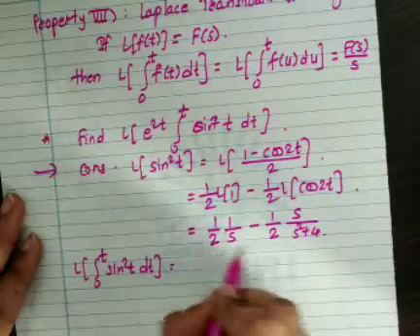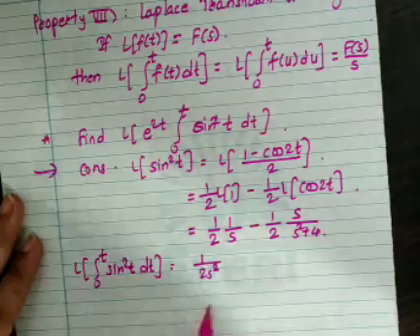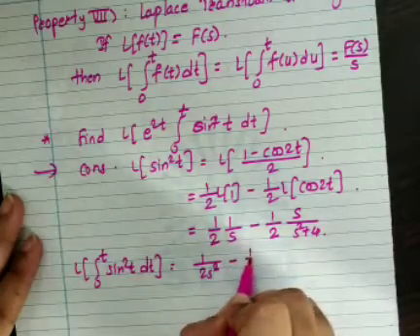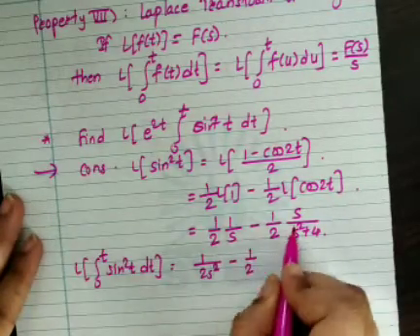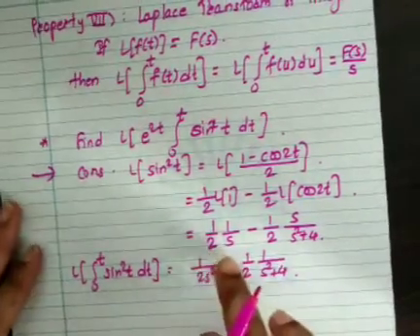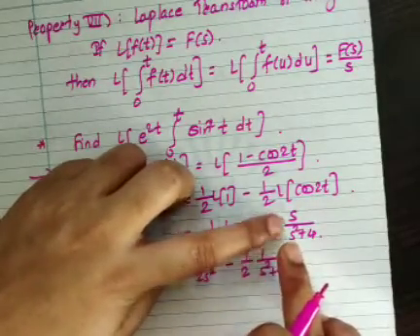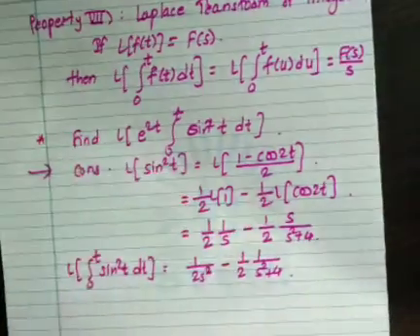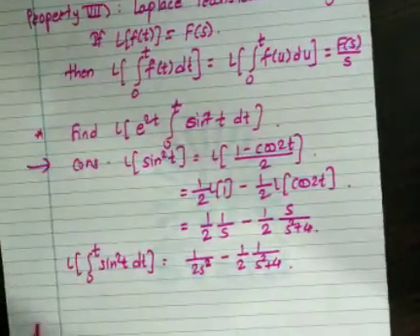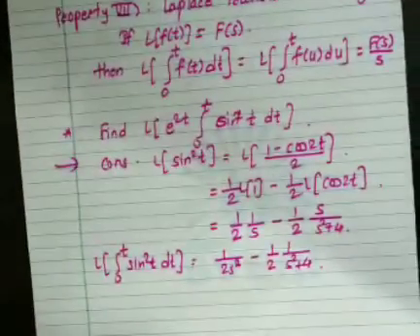So dividing by s, we get 1 half times 1 upon s square minus 1 half, and if we divide by s, s gets cancelled, it is 1 upon s square plus 4. Next, on this we need the first shift.